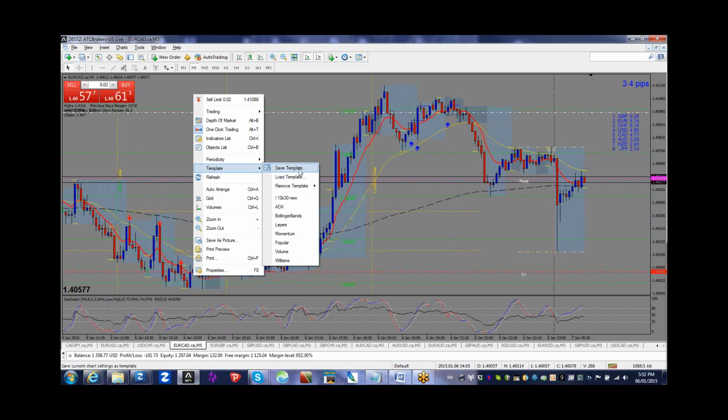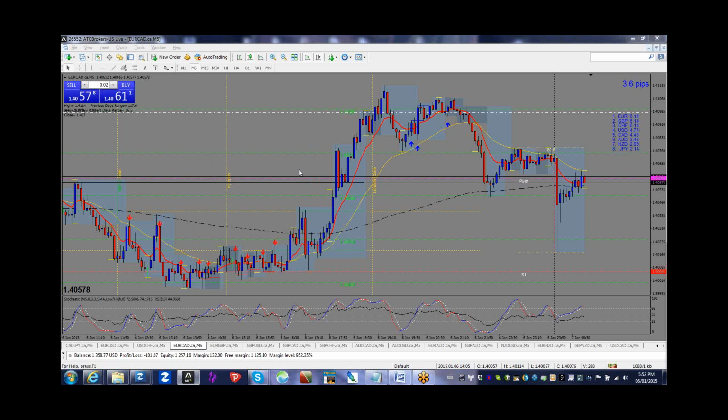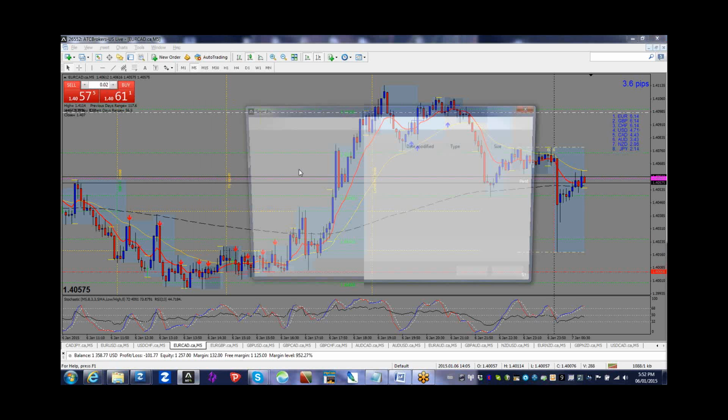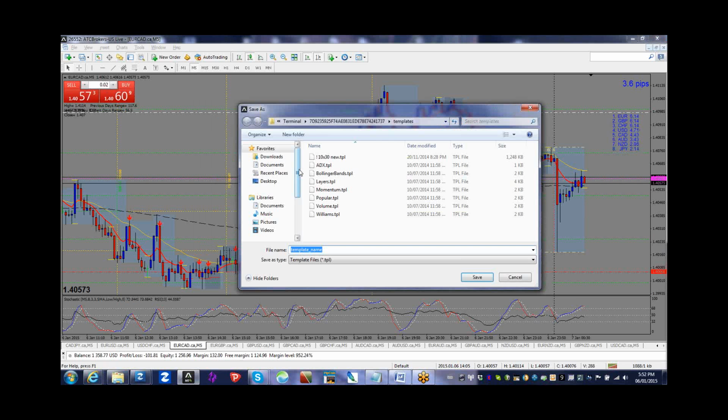Go down to save template. All right, and now call that template 1030 without inside bar only. So now that template will be only inside bar. Save that.